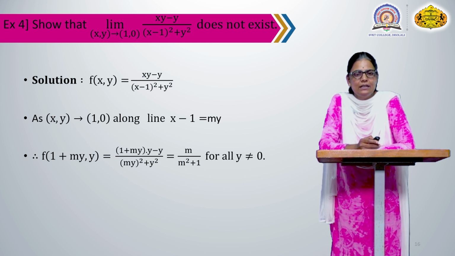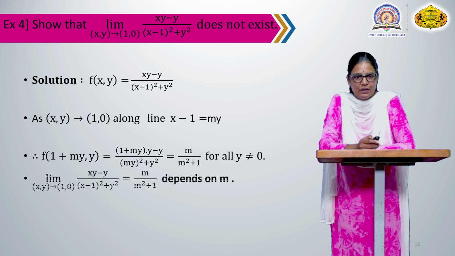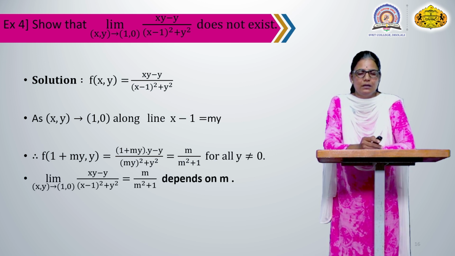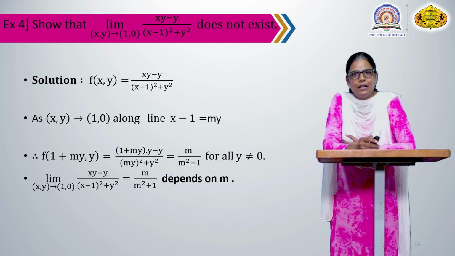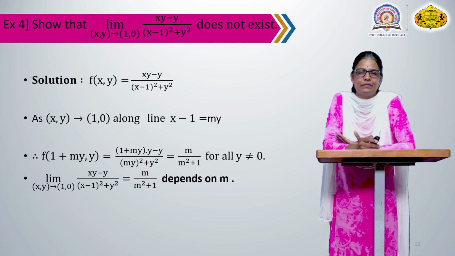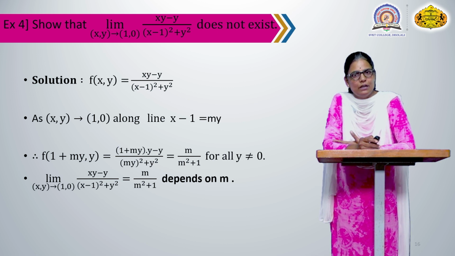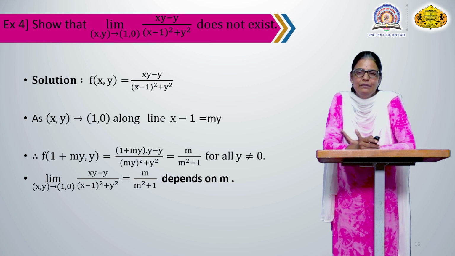Just simplify it. After simplifying, we get m upon (m square plus 1) for all y not equal to 0. This is again a constant value. For different values of m, we get different straight lines passing through the point (1,0), and we get different limits because the limit depends on m.